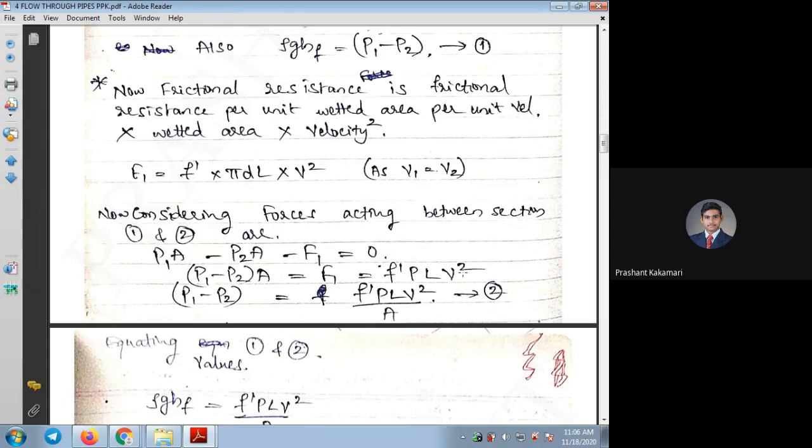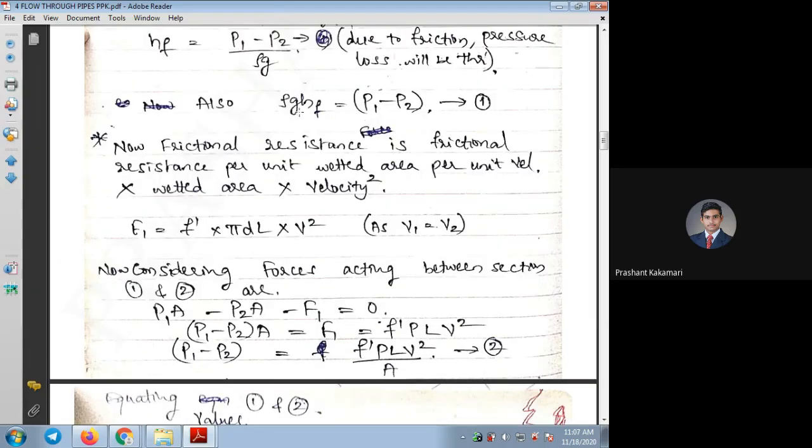Now I can write the pressure difference in the given pipe flow as P1 minus P2 equal to F dash P L V square divided by A. This equation you can consider as equation two. Equation number one is P1 minus P2 equal to rho G HF.